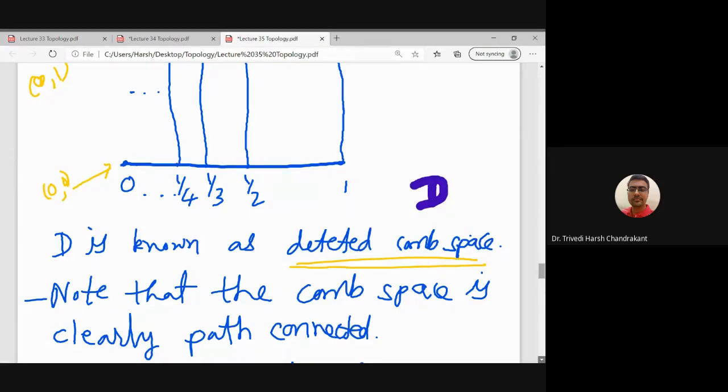So we want to show that the deleted COMB space is connected, and then we know that to show a particular topological space is connected, it is enough to show that it is path connected, right? So if we can show that some particular topological space is path connected, then it will become a connected topological space.